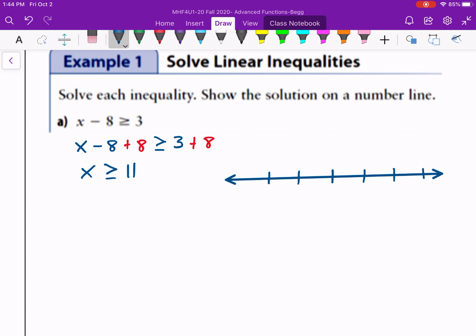So maybe 8, 9, 10, 11, 12, 13. Now if I want to represent something that's greater than or equal to 11, I put a closed circle at 11, and then I draw a line with an arrow on the end to the right.